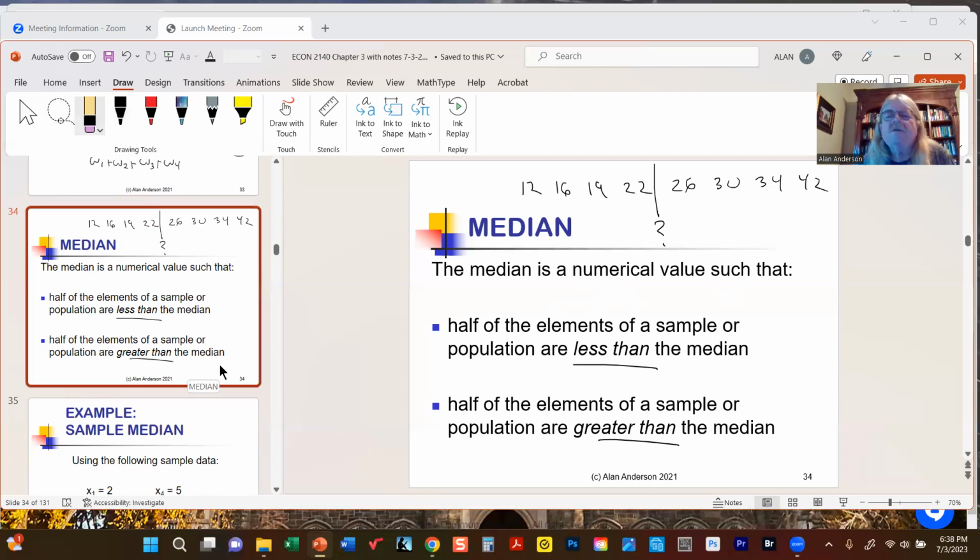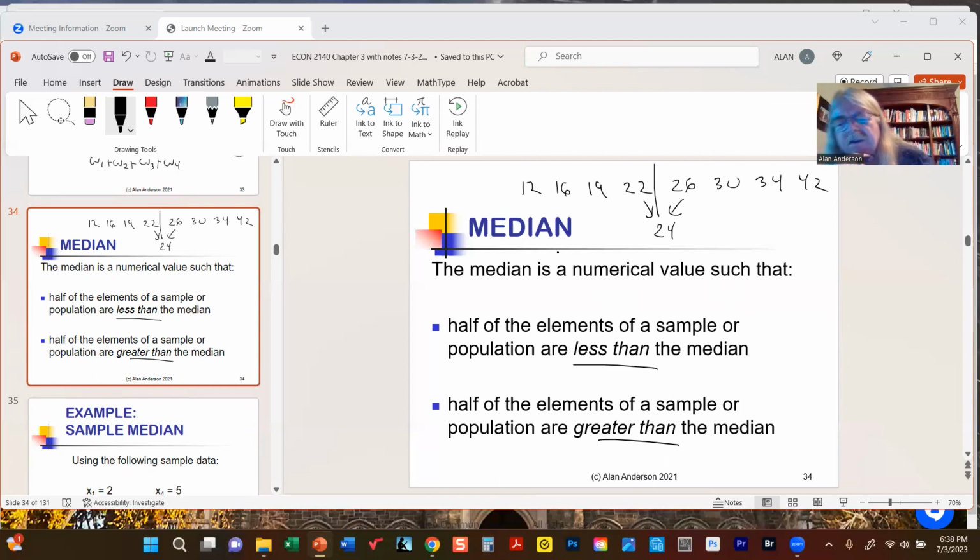Now, how is this done? By the way, in this particular case, it's going to end up being 24. What's happened here is that this is halfway between 22 and 26. So in other words, we would call that the median because half are below and half are above.